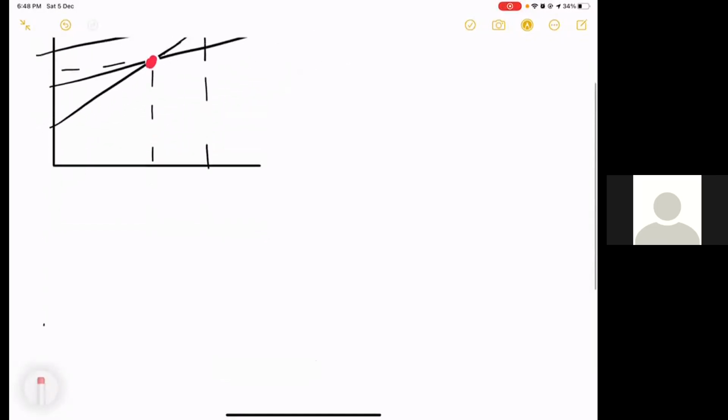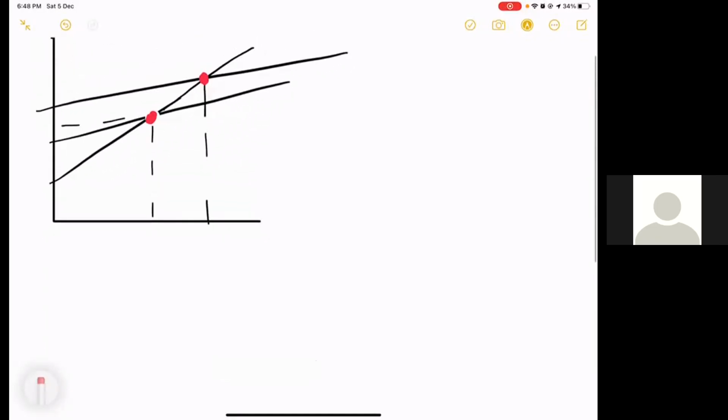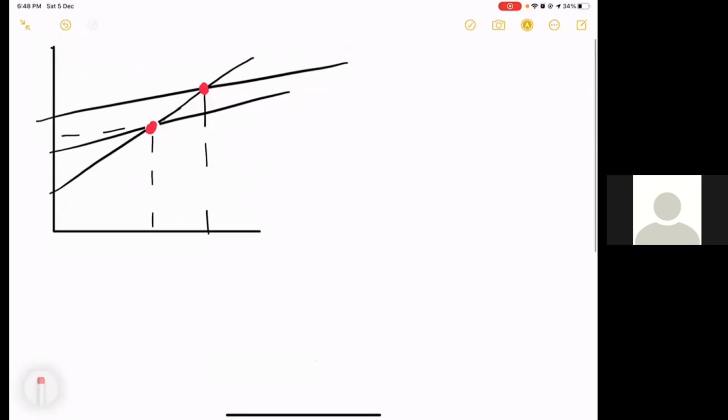This is line A, this is line B, this is line C. Where lines A and C cross, we have A equals C, and where lines A and B cross, it'll look something like that.